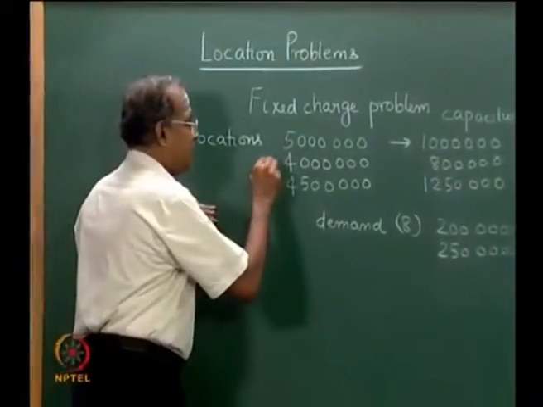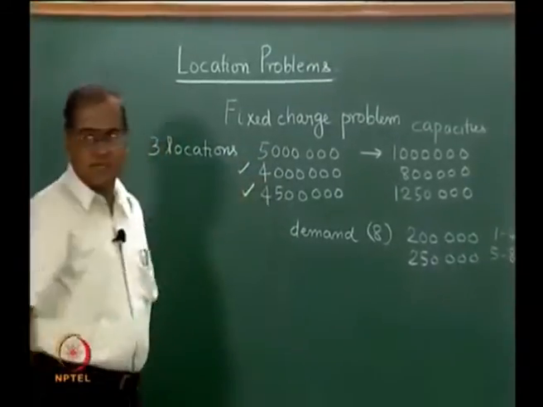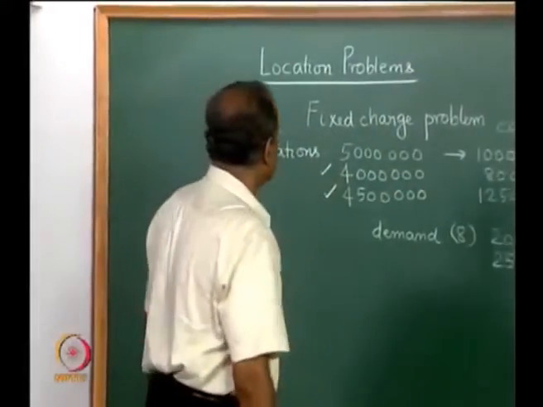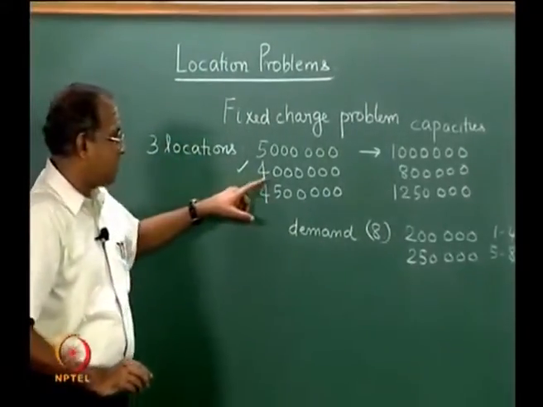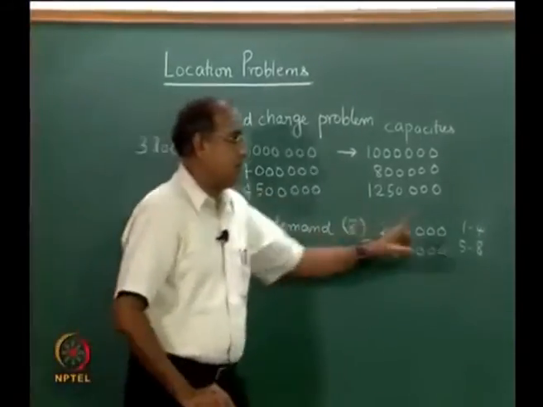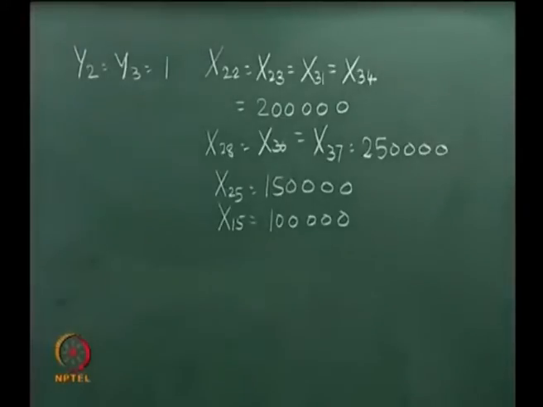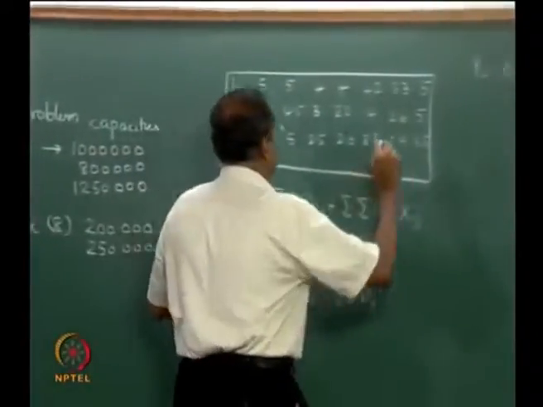y2 and y3. So, it has picked this as well as this. So, there is a cost of 4 plus 4.5, 8.5 million will be the fixed cost, and the allocations are, now these two are chosen.